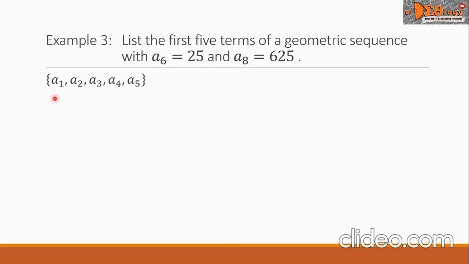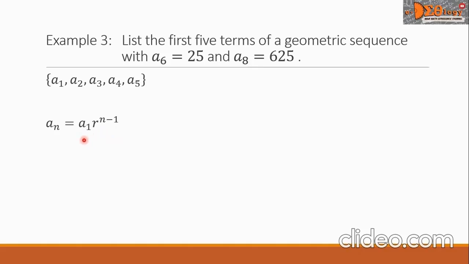We have a sub 1, a sub 2, a sub 3, a sub 4, and a sub 5. Also, our general term formula is written here, a sub n equals a sub 1 times r raised to n minus 1. In this formula, we need the first term and the common ratio r.